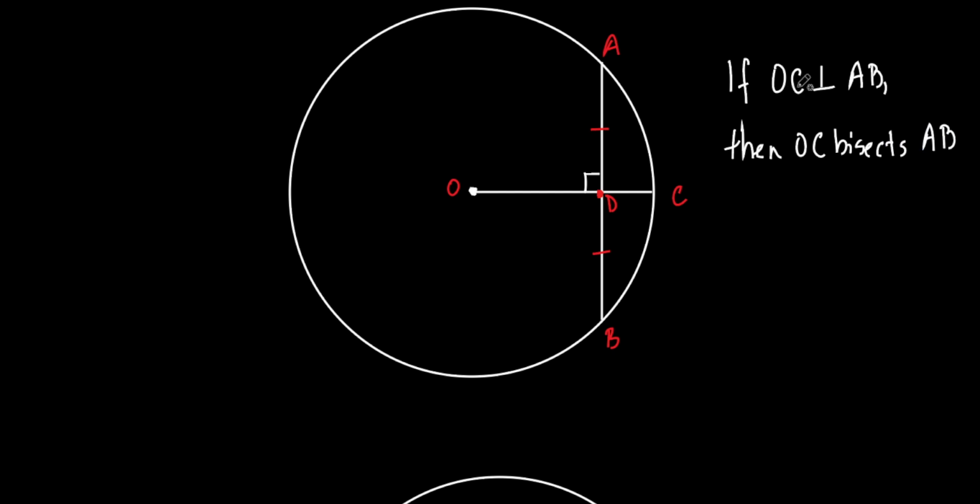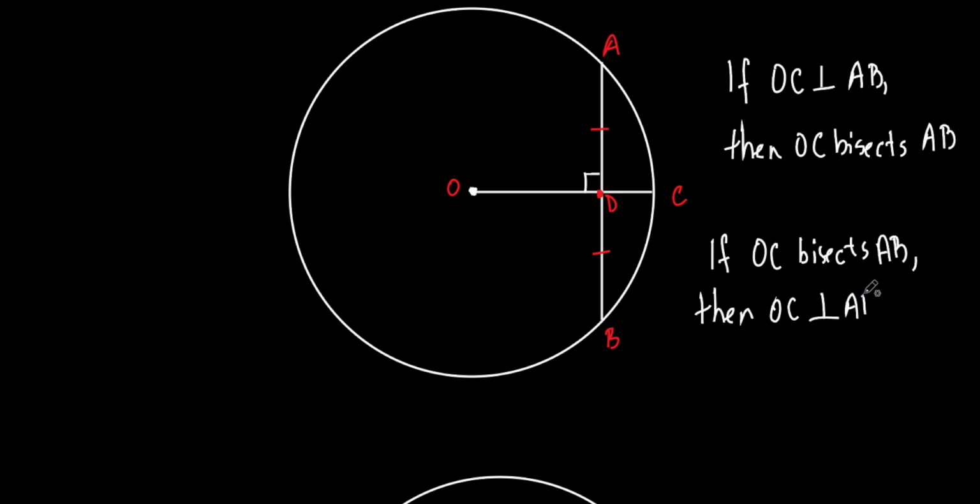Everybody see that? So if they're perpendicular, then the radius bisects the chord. What does the second theorem say? It basically says if OC bisects AB, then what must be true? OC must be perpendicular to AB.